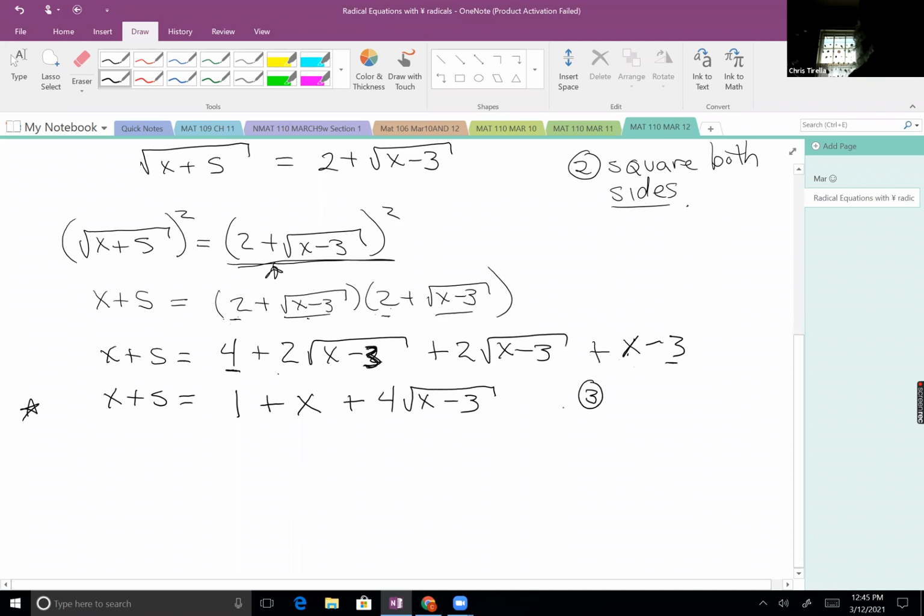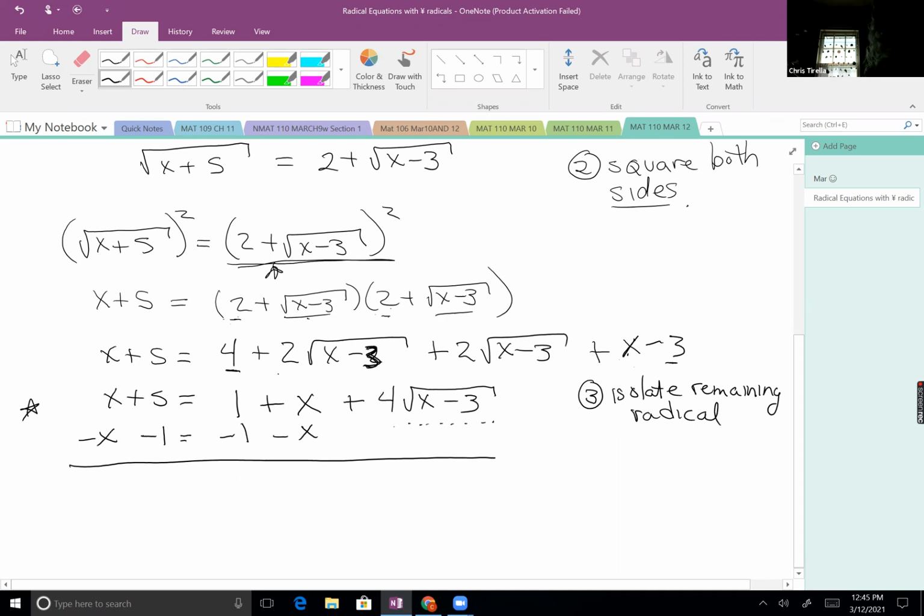So now we're going to do what we did with those, which is isolate the remaining radical. We're going to try to get this square root of x minus 3 alone. So I think I'm going to subtract 1 from both sides, and also subtract x from both sides.